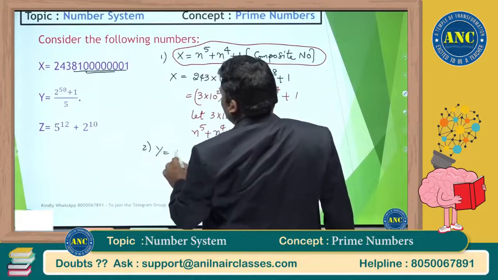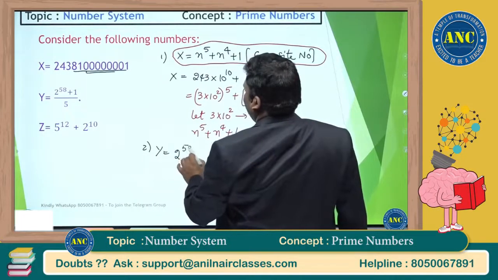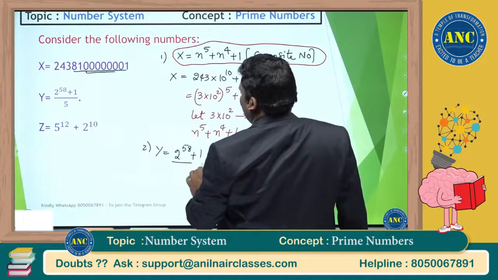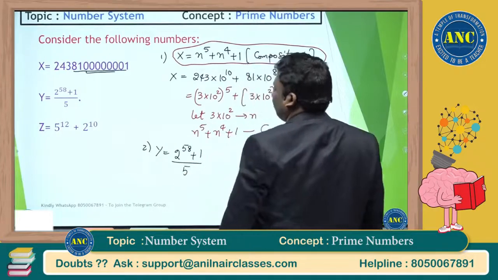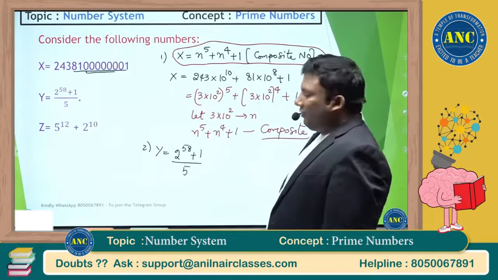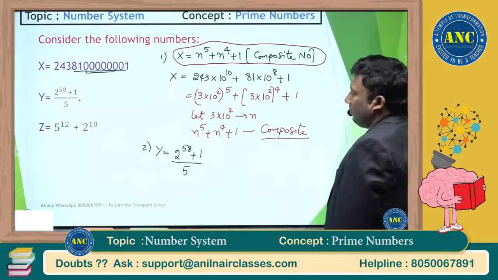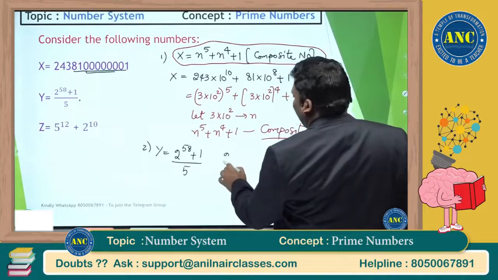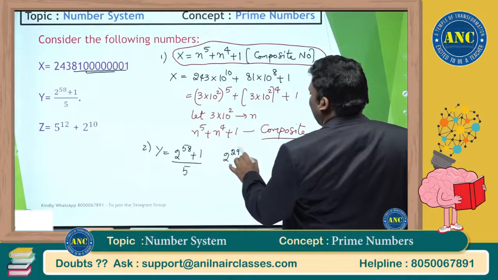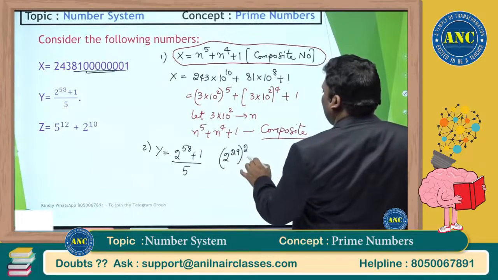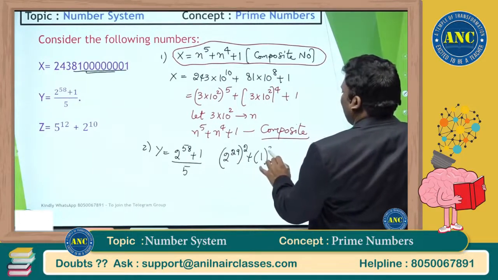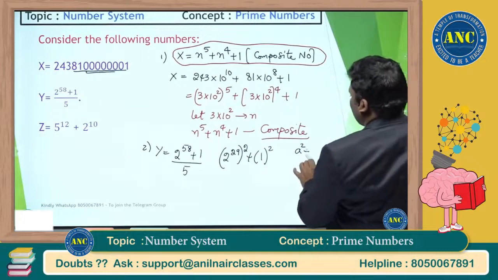Y is equivalent to 2 power 58 plus 1 divided by 5. These 2 power 58 can be written as 2 power 29 square plus 1 square.